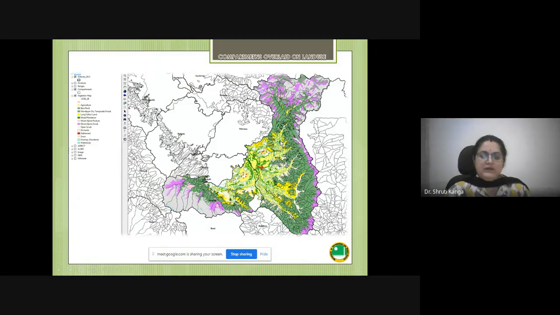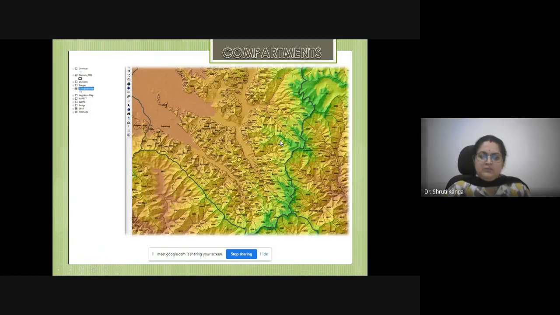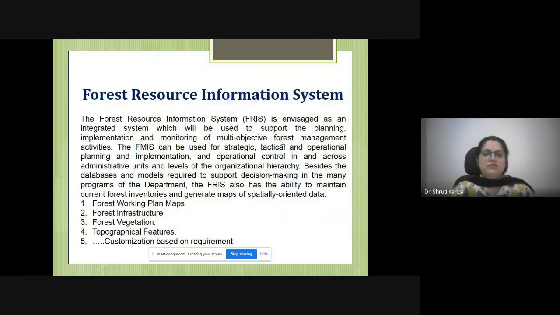In our initial study, while we were talking about this forest resource information system, we stated that it also helps in customization based on requirement.